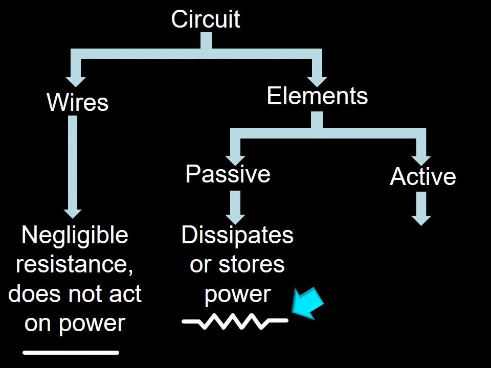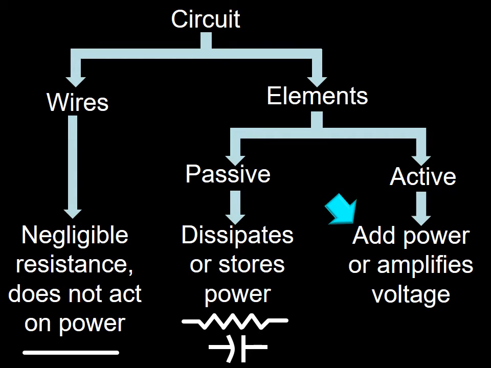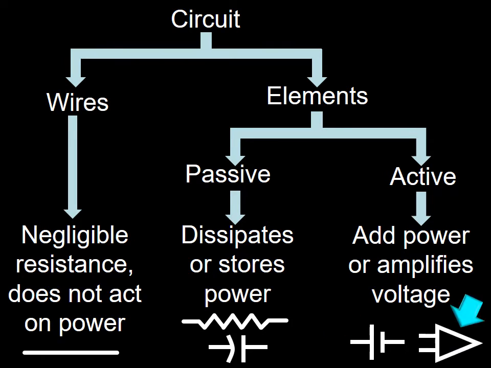Examples of passive elements are resistors and capacitors. Active elements, on the other hand, add power or amplify voltage. Examples of active elements are batteries and amplifiers.